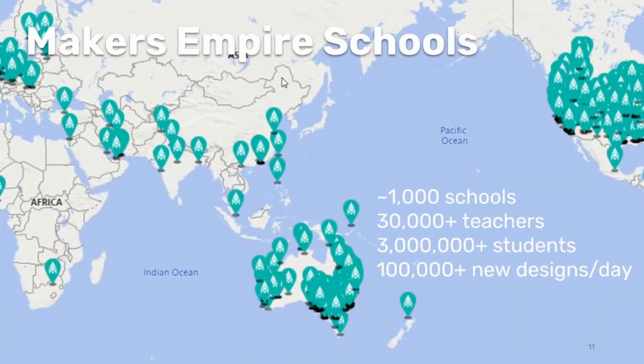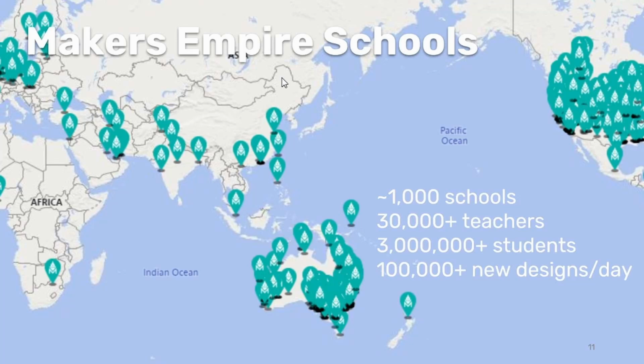So yeah, as I mentioned, I think these stats are maybe a little bit old now, but I think it's maybe around 13,000 schools around the world, and I think more than 3 million users.